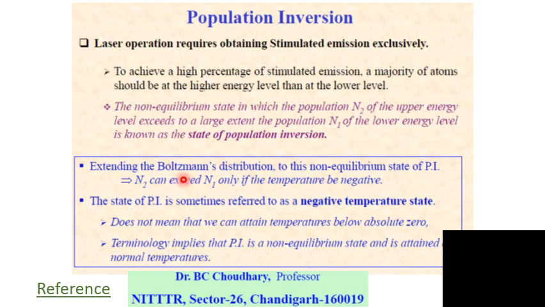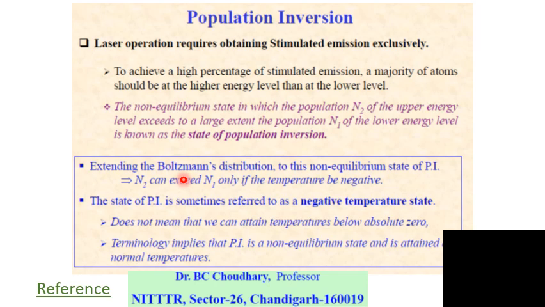The Boltzmann distribution does not tell us about pumping; it talks about energy levels and temperature. So with respect to Boltzmann, we can change the population if we increase the temperature.